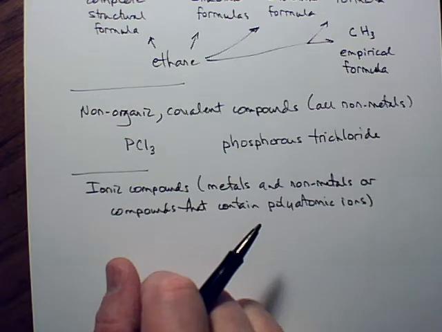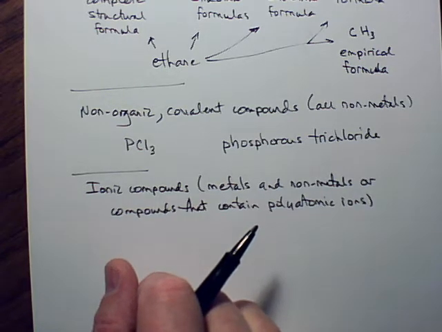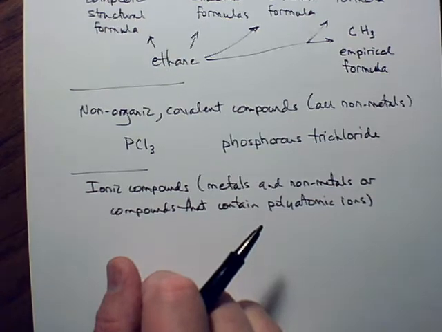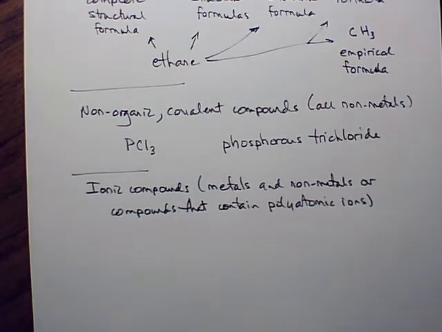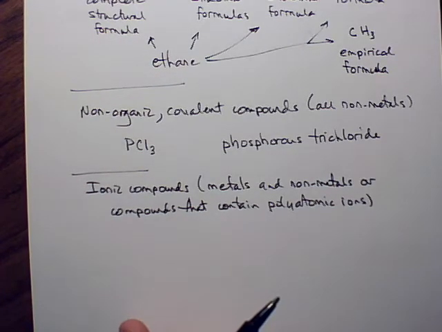No, only the organic compounds contain carbon atoms that are bonded to each other. So compounds that contain carbons that are bonded together are called organic. They are also covalent. Organic compounds, at least at this point in time, are all going to be covalent compounds.